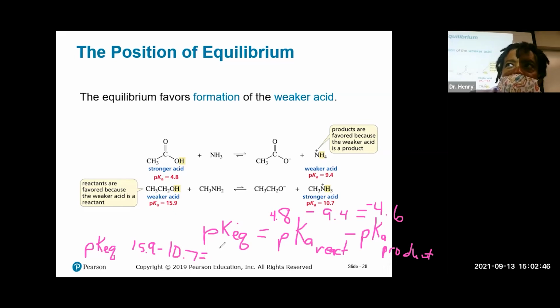And that's going to be what, 5.2? So then that one is going to be favoring the reactants. So the arrow is going to be bigger in the reactants. Negative products, positive reactants. Okay. You got it? Simple, not too hard.